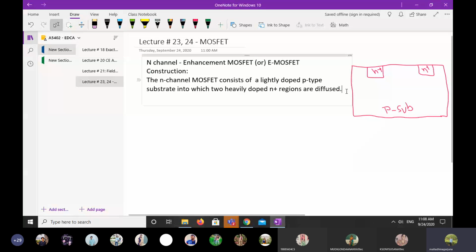The next point is that these N plus regions will act as the source and the drain. Source and drain are separated by about 1 mil.